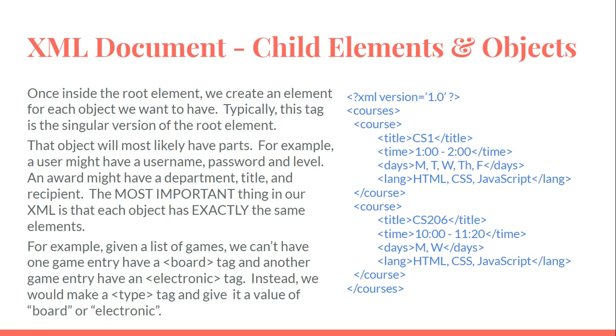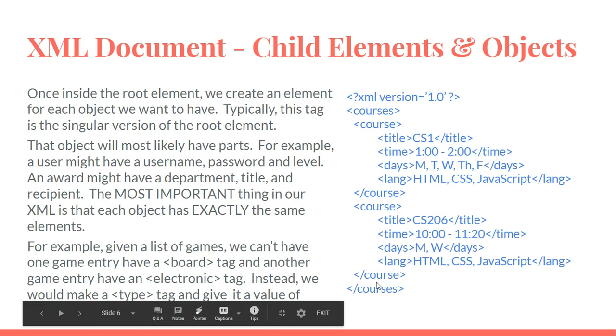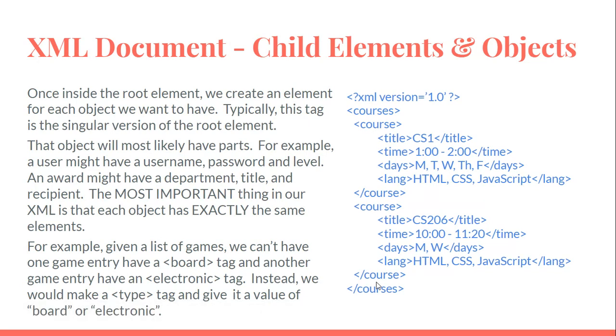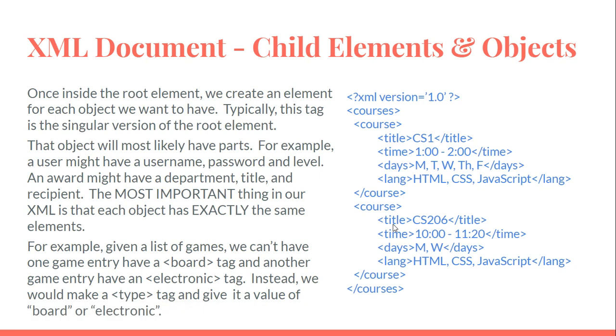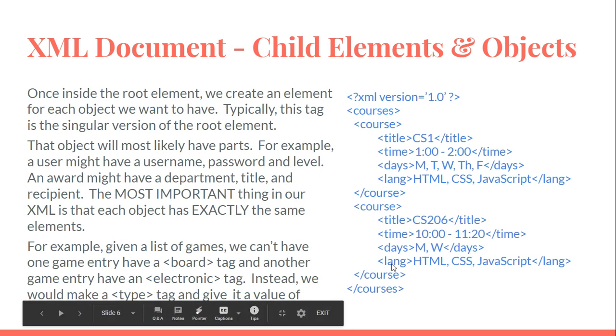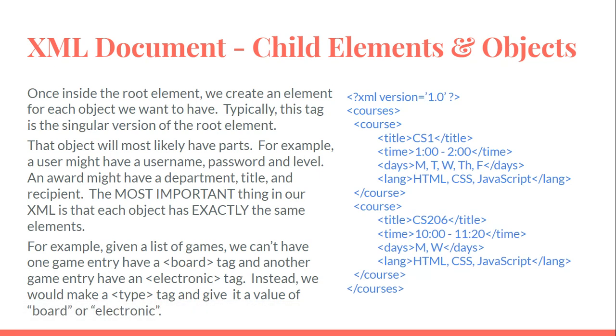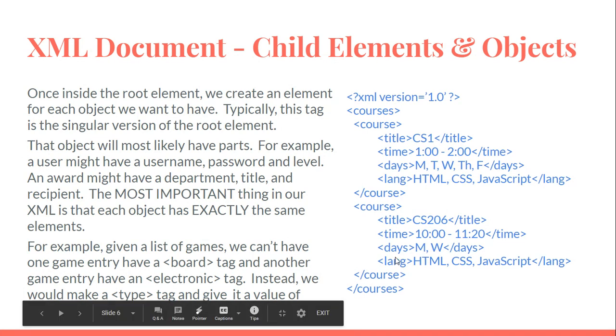The most important thing is that every one of these objects, every course element in this instance, has the same elements inside of it. So this course element has title, time, days, and lang. This course element has title, time, days, and lang. This works really well with my computer science courses, but these four elements would not work great with, say, a math course or a phys ed course or an English course, because that lang tag doesn't mean anything to them.